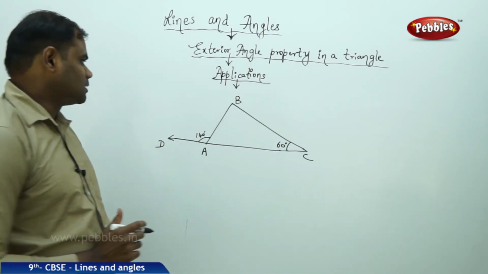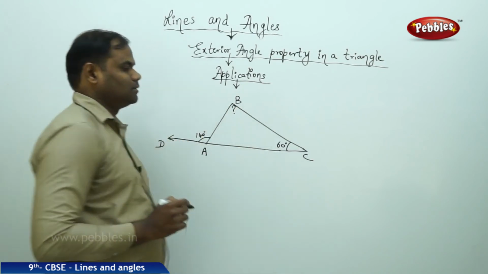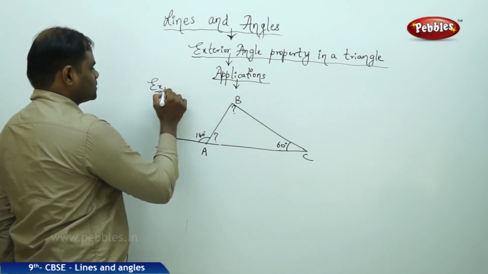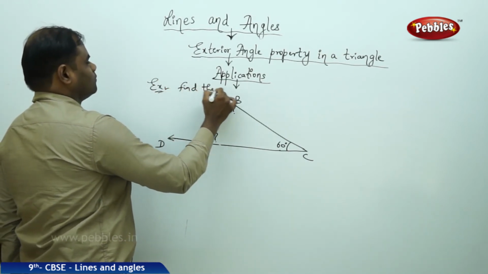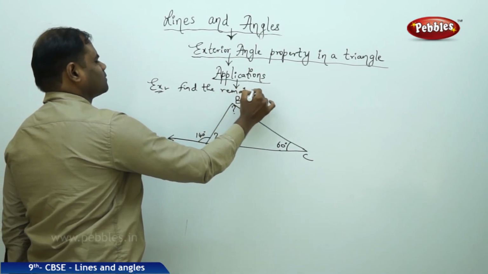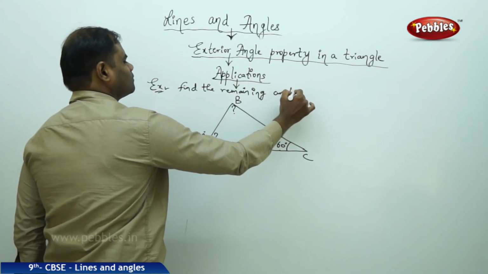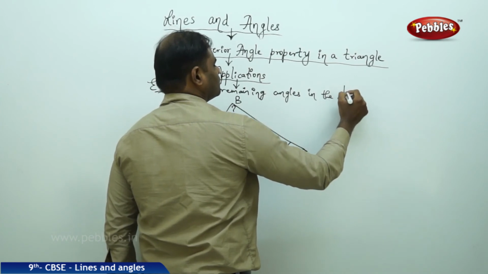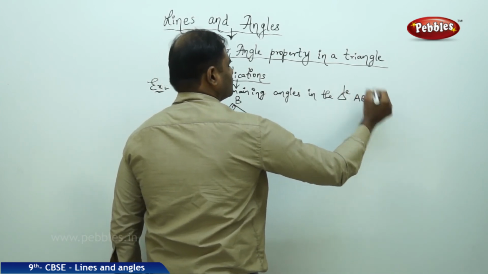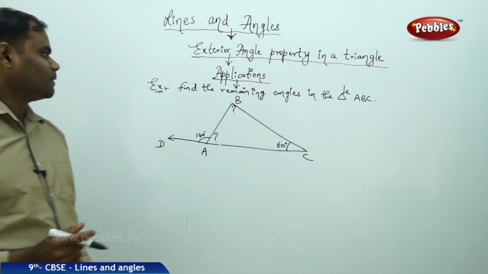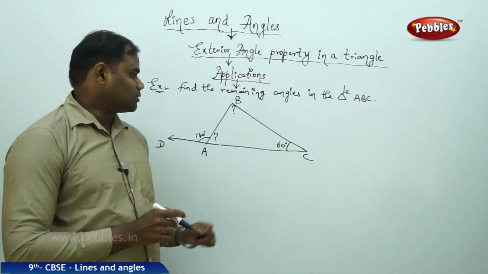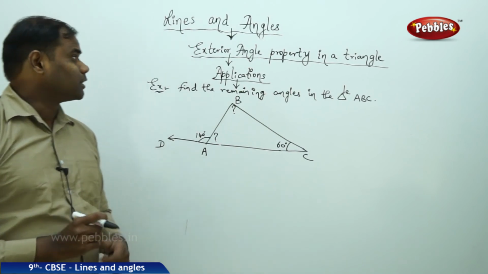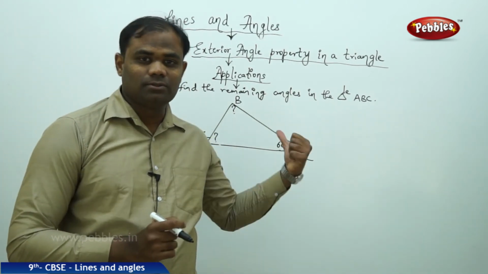Now my question is about finding this angle B or even this. So here my question says: find the remaining angles in the triangle ABC. So here is the triangle ABC in which I have to find the remaining angles, that is angle B and angle A. Let's see how we can connect the exterior angle property to this problem.